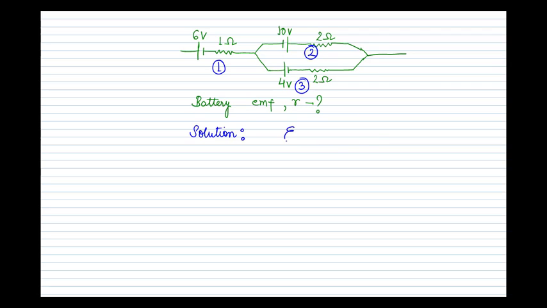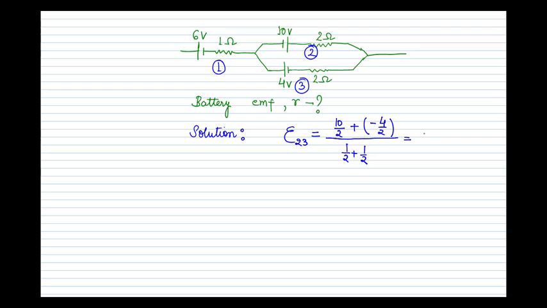So between 2 and 3, that will be given as 10/2, that is V upon R, plus, since the polarity is opposite, minus 4/2. This is divided by 1/R, because these are in parallel, so this is 1/2 plus 1/2. So that comes out to be 10 minus 4, 6/2, and this is half plus half, that is 1.